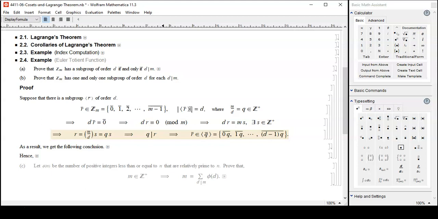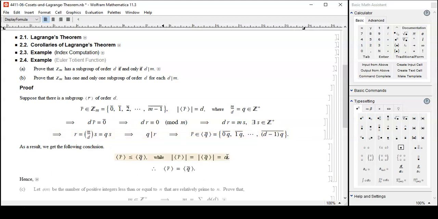So the first subgroup must be a subgroup of this. But then again, they share the same order. The subgroup generated by r bar is a subgroup of the subgroup generated by q bar because the generator belongs to this q bar.